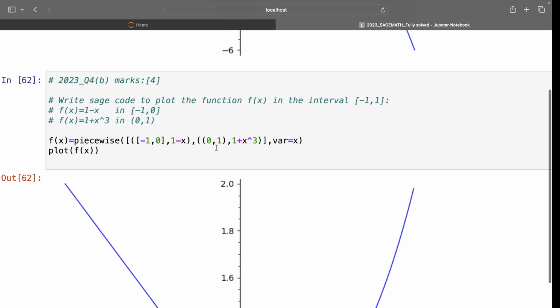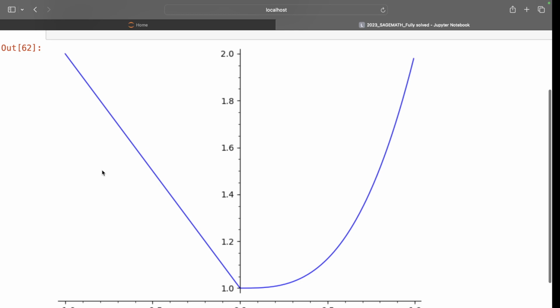The next first bracket has the second part, 0, 1. This 0, 1 is the open interval, comma, in this open interval the function f(x) is 1 plus x cube. Close the third bracket, comma, variable equal to x, plot f(x).